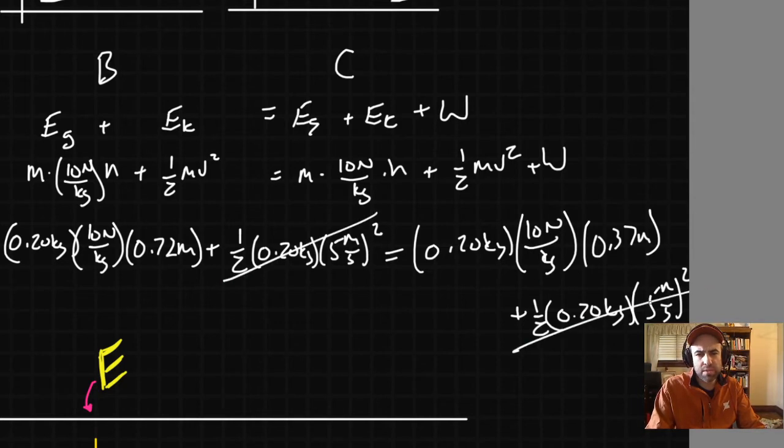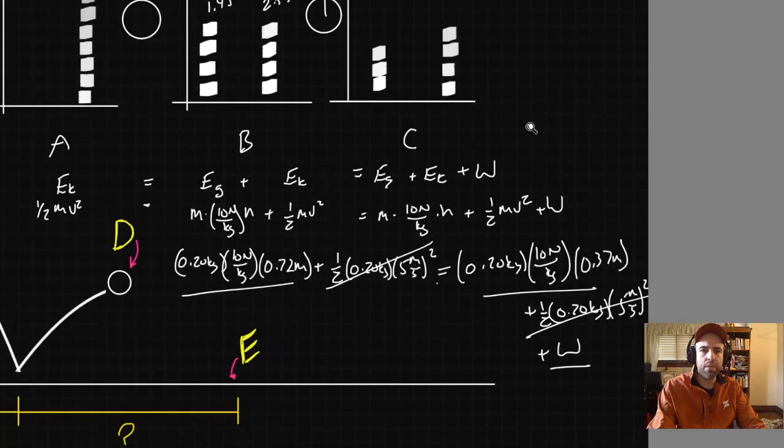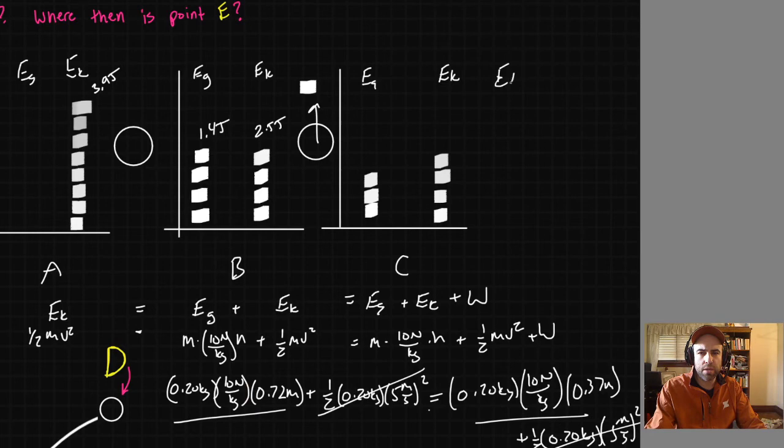These two are the same, so I'm just going to cancel them out on both sides. So the only difference is this is equal to this plus the work. If I can find the difference between these two values, I should be able to find that missing work. And by the way, if you did it the other way, this would be ETH too, whatever you want to put there.